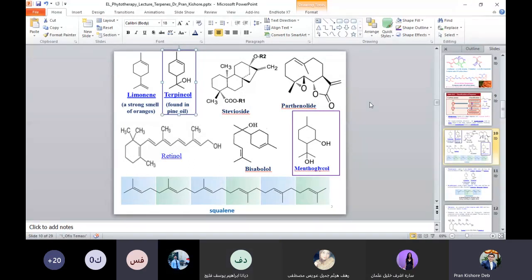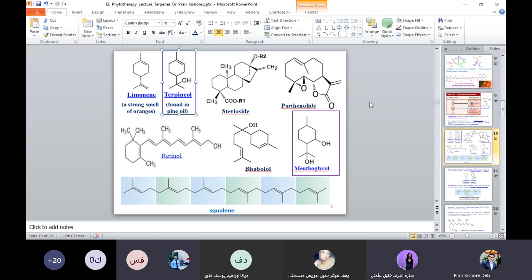So it cannot be retinol. If the structure contains oxygen anywhere, it is terpenoid.